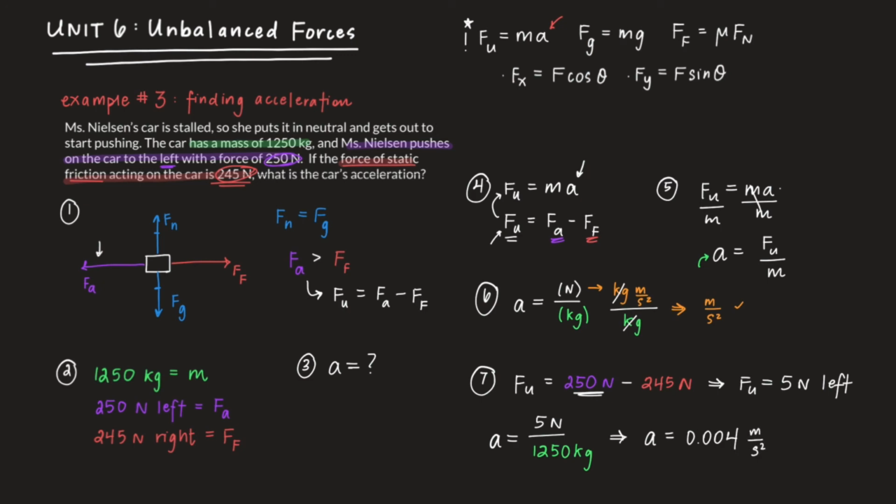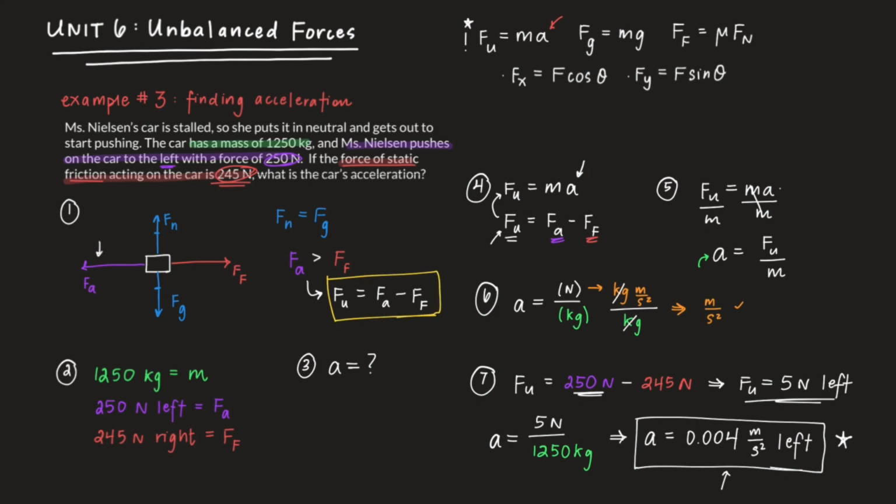Our acceleration is in the same direction as the unbalanced force, which is to the left. Okay? If I am pushing the car to the left and I am winning the tug of war, the car will accelerate to the left. That's a really, really small acceleration, but think about how big a car is and how small my pushing abilities are. So really, in reality, that kind of makes sense. It'd be accelerating really slowly. It would take me a long time to get this car up to speed so that I could actually end up driving it successfully. Okay?